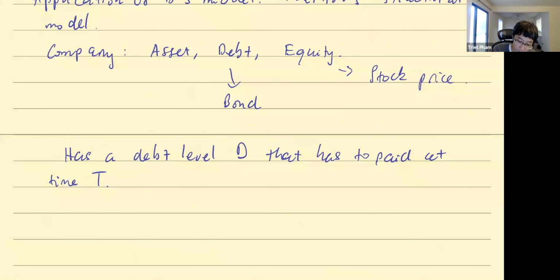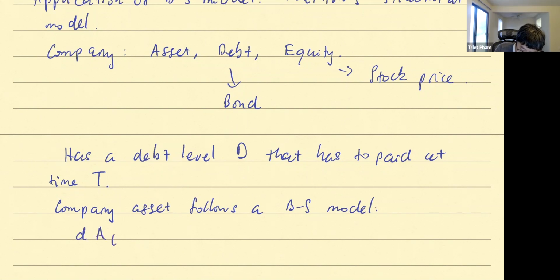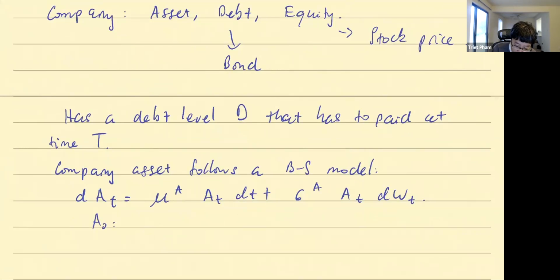Let's suppose that the company asset follows a Black-Scholes model. In other words, the movement of the asset has a rate of return and has a volatility. And A0 is the company's current asset level.